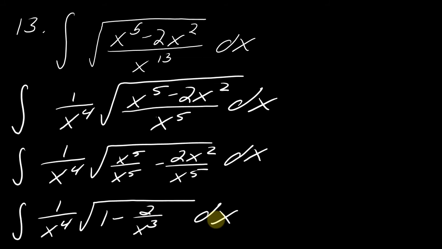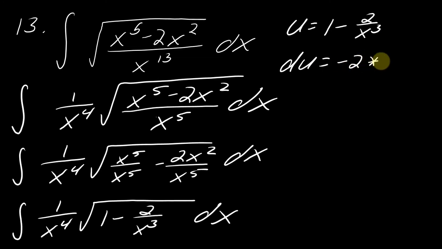Okay, so here's where we try substitution again now. Now what I'm going to do is set my u equal to 1 minus 2 over x cubed. And so then what's my du in this case? Well, then my du would be negative 2 times negative 3 x to the negative 4th dx.